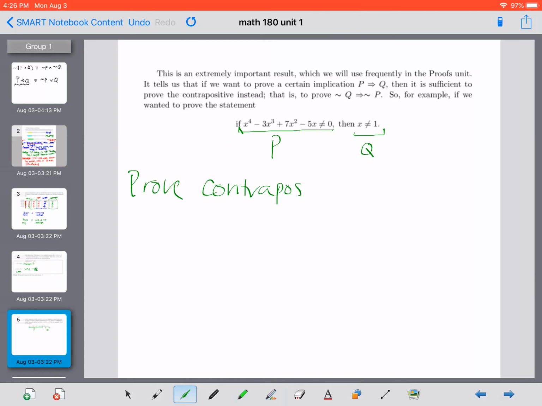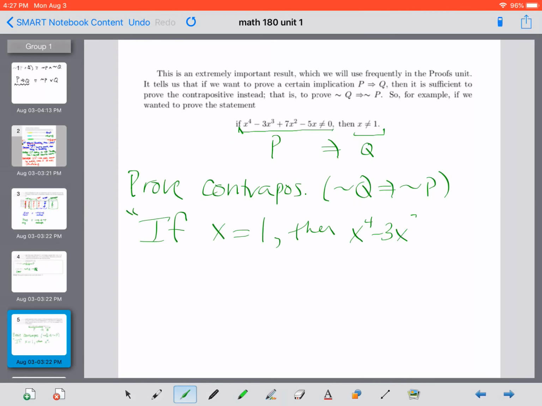The contrapositive, remember, would be a statement of the form not Q implies not P, because this is P implies Q. So not Q implies not P is the statement: if x is equal to 1, because we want to swap the conclusion and also negate it, then x to the fourth minus 3x cubed plus 7x squared minus 5x is equal to 0. Okay, so I've swapped the hypothesis and conclusion and I've negated them both.